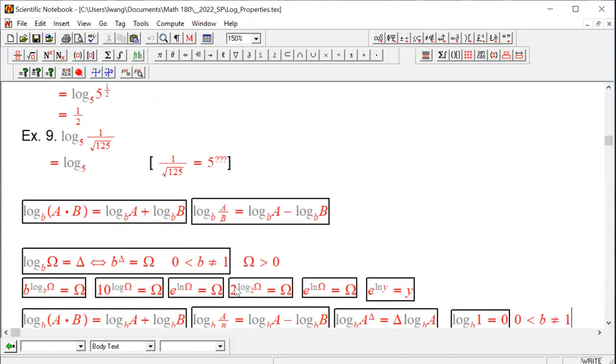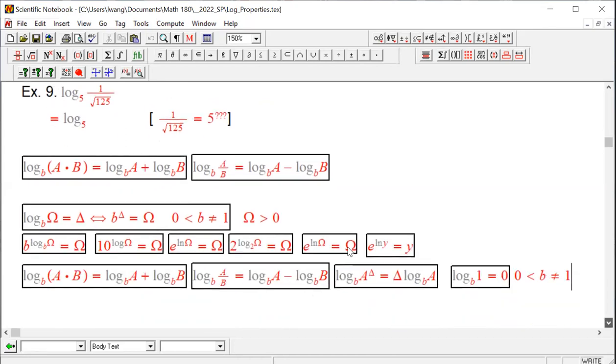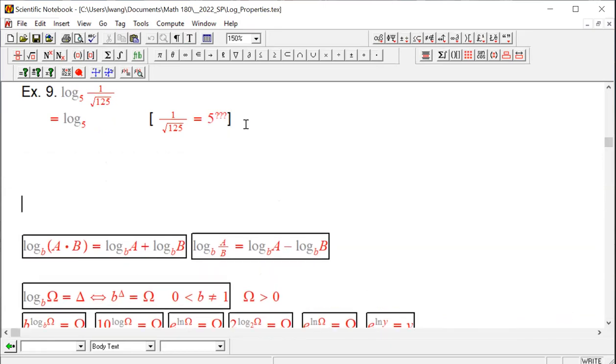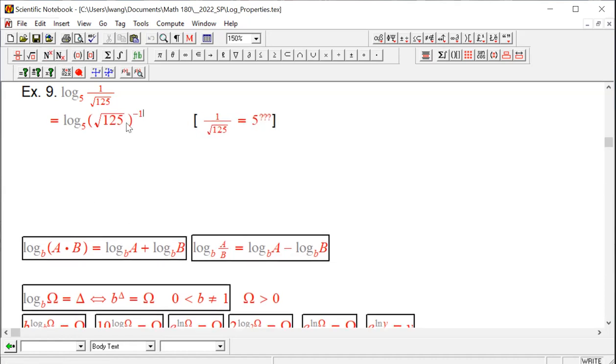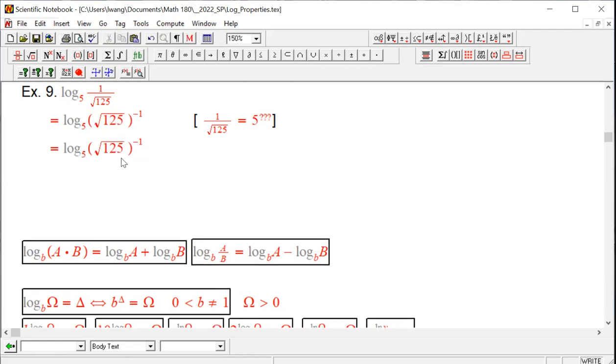So for that purpose, we have to know how to operate with powers. So 1 over the square root of 125, what we have here is we can write the square root of 125 raised to the power of -1. See, we can do that. How about 125? Can 125 be expressed as a certain power?